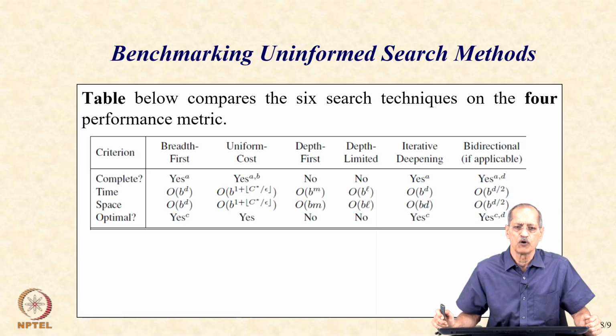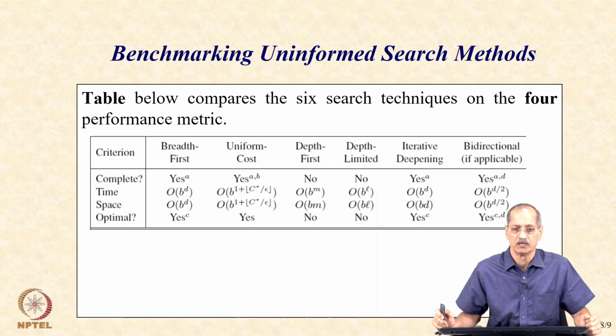If you look at the uniform cost, then again it is complete and it is optimal. Of course, the time is different. We will discuss those parameters which are there. Depth first, it is not complete, we have already seen it.